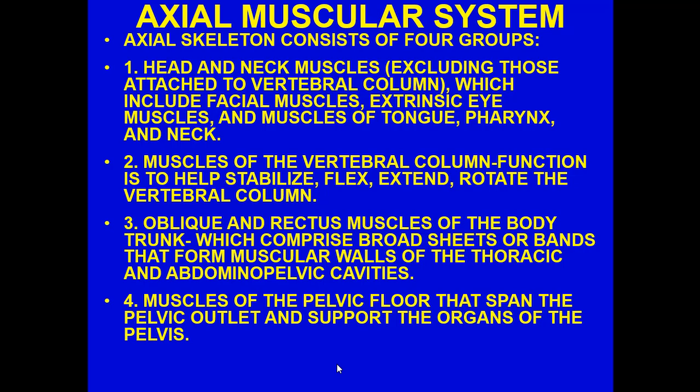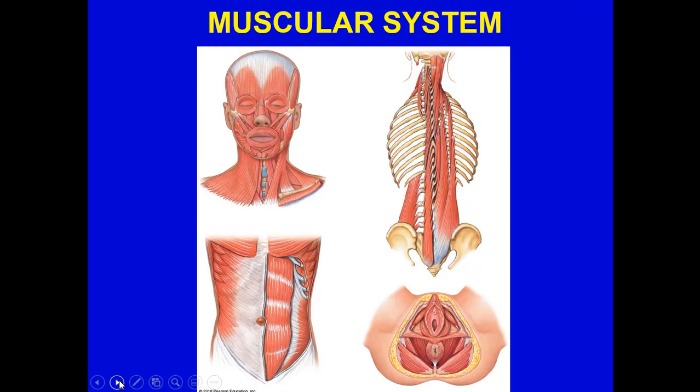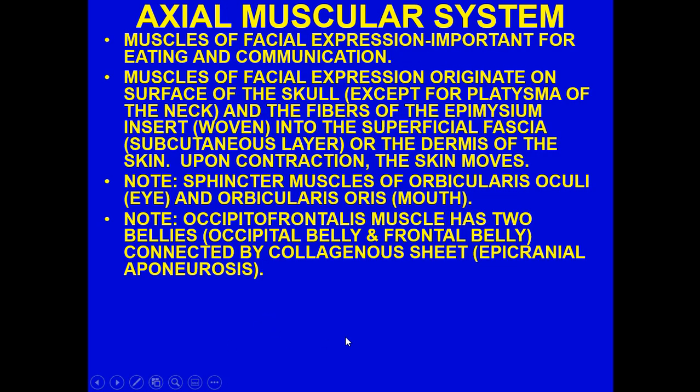The oblique and rectus muscles of the body trunk, which comprise broad sheets or bands that form the muscular walls of the thoracic and abdominopelvic cavities. Finally, the muscles of the pelvic floor that span the pelvic outlet and support the organs of the pelvis. So we're going to go through this first and then go into the appendicular.